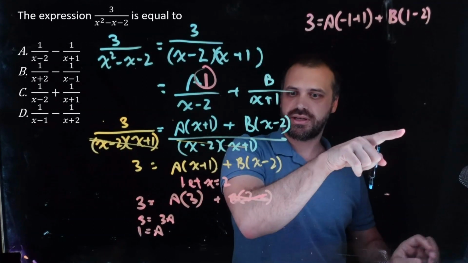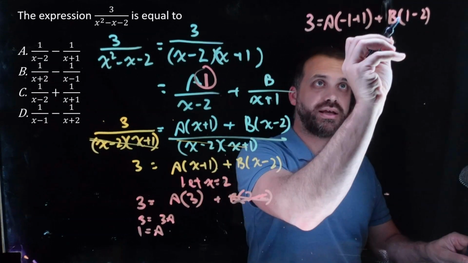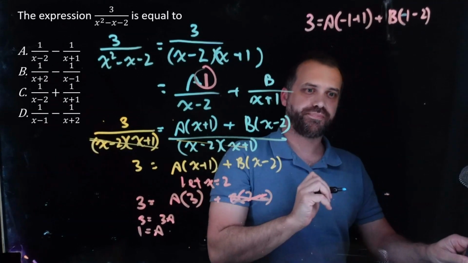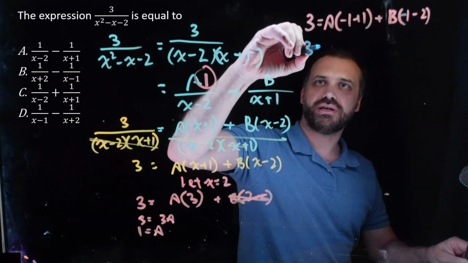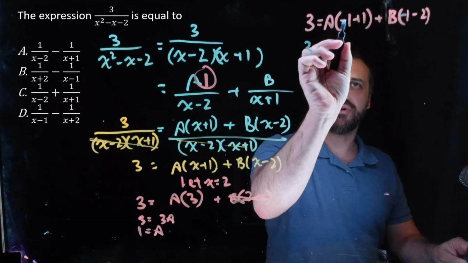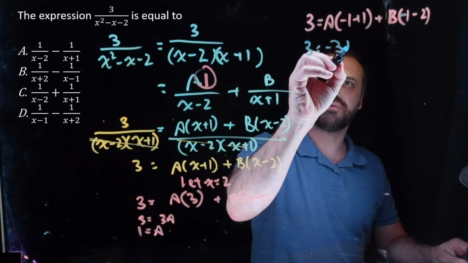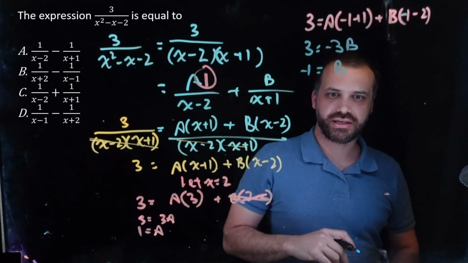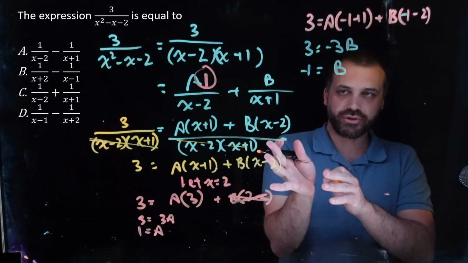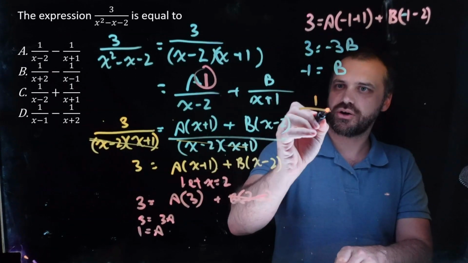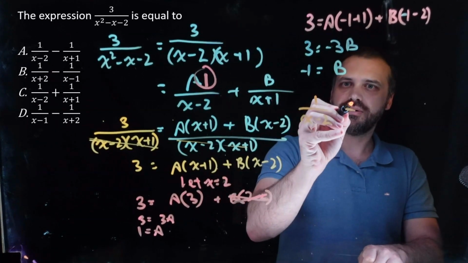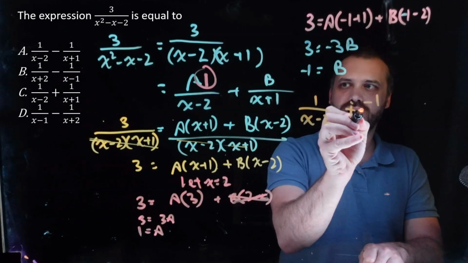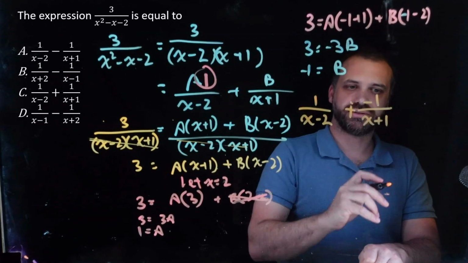So I've subbed in negative 1 here and here. Okay, so that means that 3 is equal to, that is 0, and this is negative 3B, which means that B is equal to negative 1. So, putting all of this together, we have 1 over x minus 2 plus negative 1 over x plus 1.